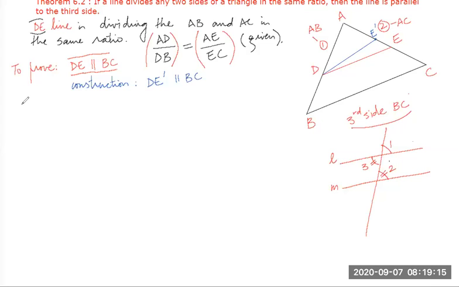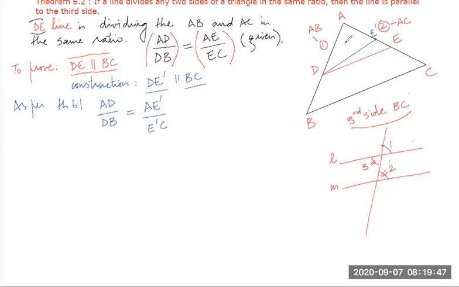Students, you see, now as per theorem 6.1, which we have studied, if DE dash is parallel to BC, then the ratio of two sides of the triangle will be the same. So I can say then AD by DB will be equal to AE dash divided by E dash C. Do you agree with me?